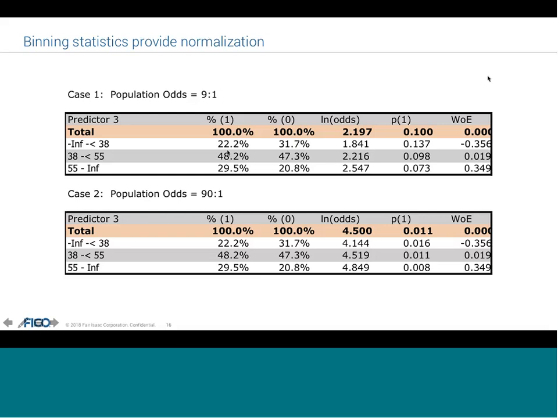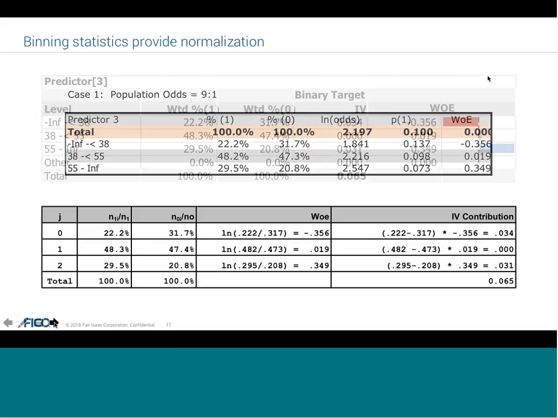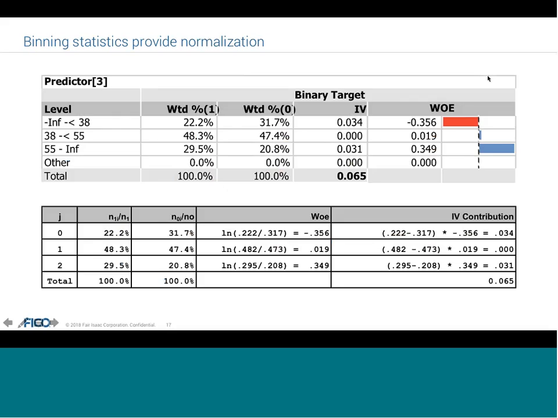When I rely on weight of evidence, as long as my distributions remain the same, weight of evidence remains completely invariant to this multiplying 10 times the population odds. I will still get the same relationship. With information value being built off of weight of evidence, we have that same concept going on at the variable level.